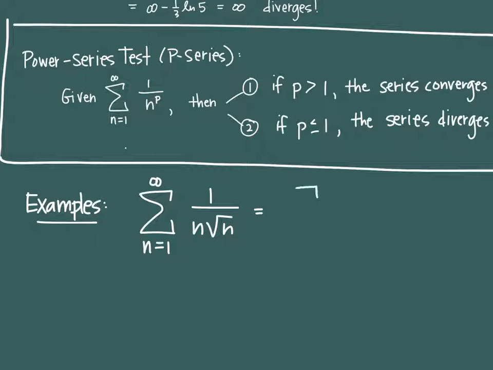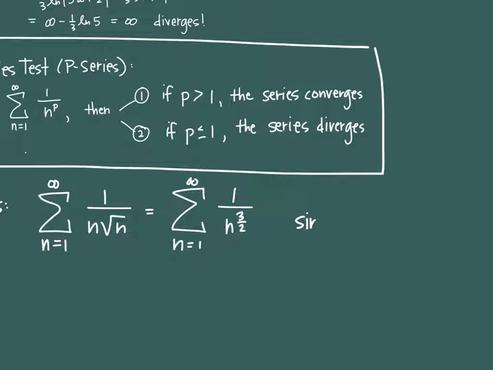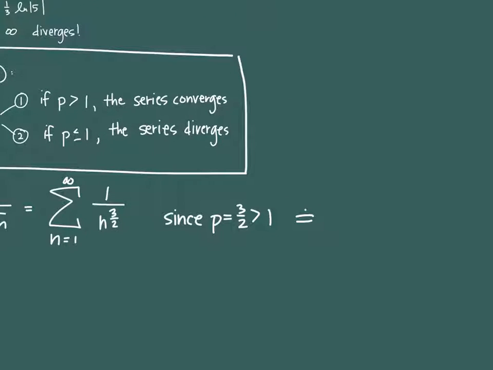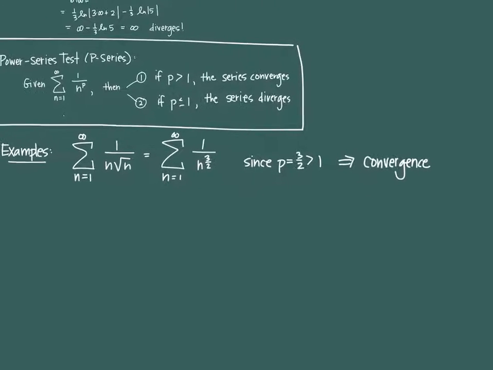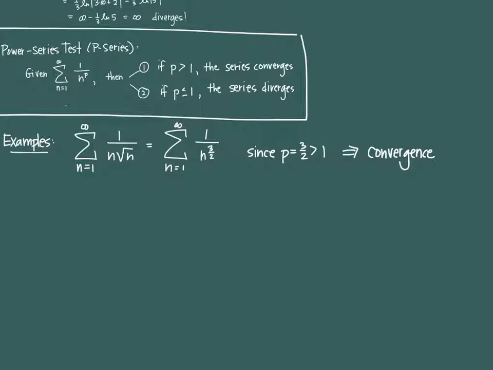You could have used the p-series test on this one, because if you express this as 1 over n to the 3/2, since the power, which is 3/2, is greater than 1, that means we have convergence, which we already showed with the integral test. Okay, so that's another way to show it. This is a popular one.